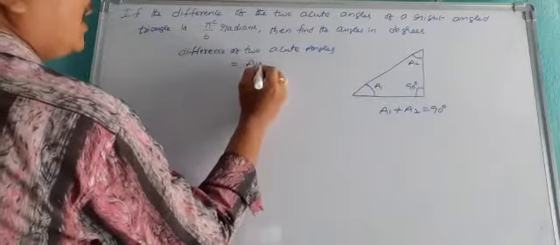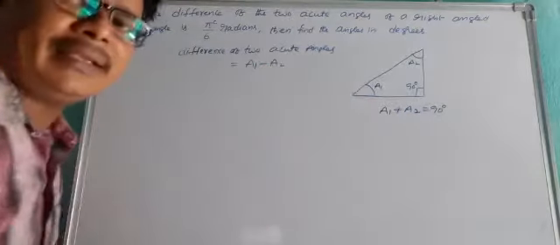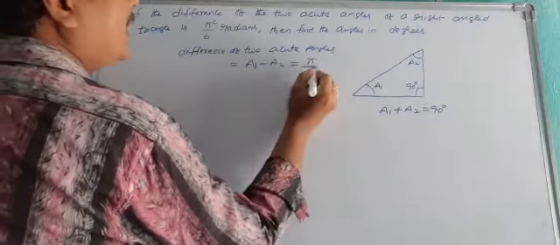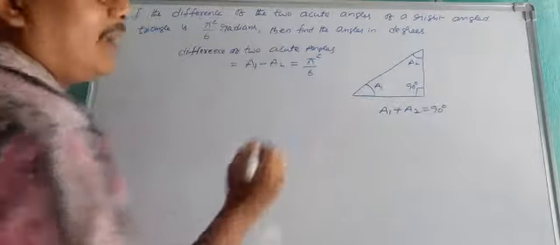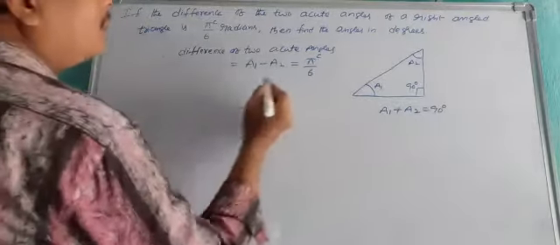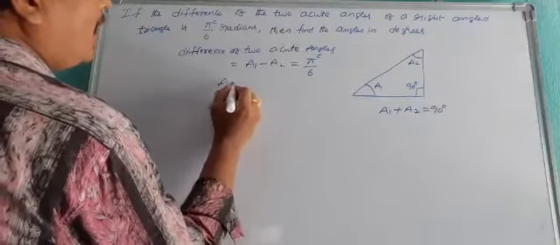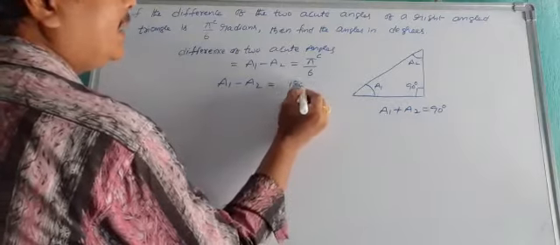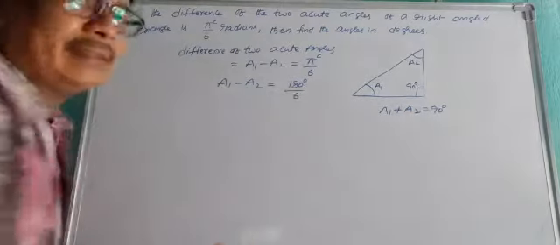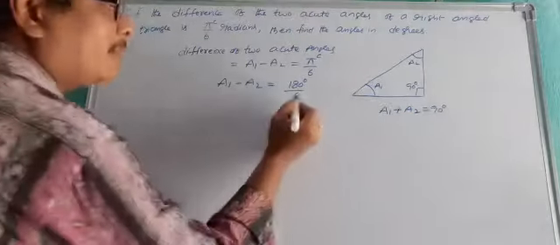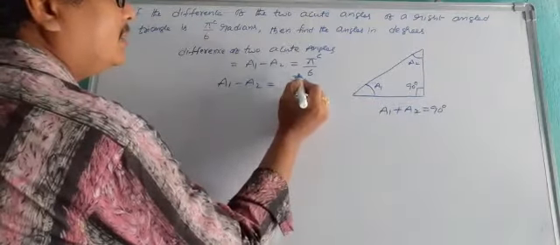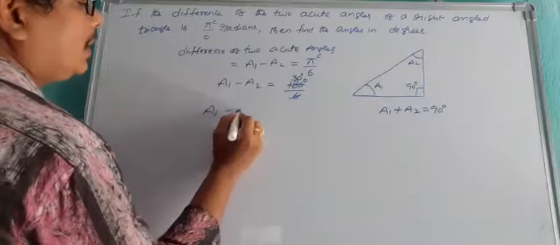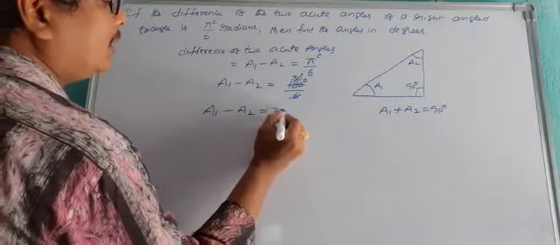Difference means A1 minus A2, biggest angle minus smallest one, equals pi radians by 6. They are in radians, so convert into degrees. A1 minus A2 equals pi radians, which means 180 degrees, by 6. 180 by 6 is 30. So A1 minus A2 equals 30 degrees.